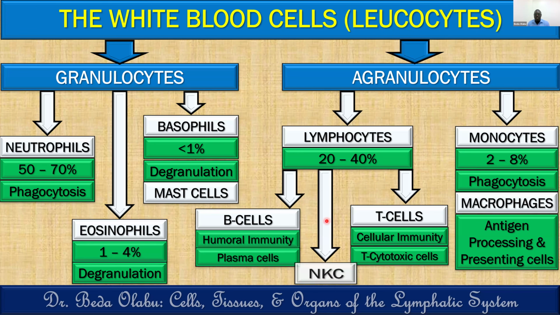All right, the third category of lymphocytes, what we call the natural killer cells. They are known to kill cells indiscriminately. That's why we call them the natural killer cells. Great. So this is the breakdown or a general highlight of the white blood cells.